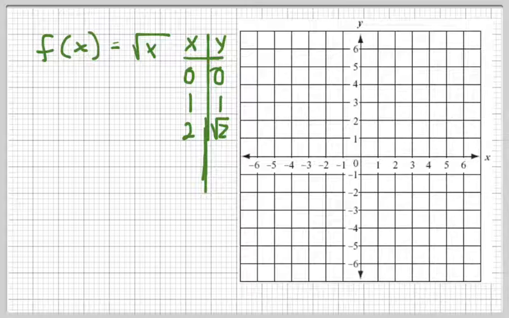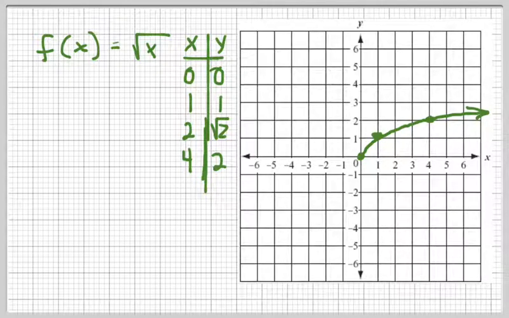Instead, we're going to jump to 4, because the square root of 4 we can do. So it's very easy, and we're only doing the positive root. 1 gives us 1, and 4 gives us 2. The next good number is 9, but we don't want to go all the way to 9, so our graph doesn't allow it. So that's what it looks like.